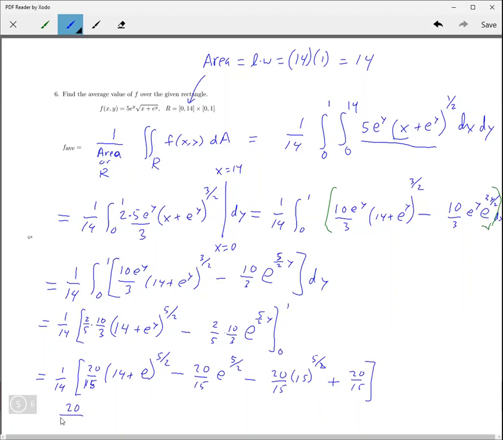Well, a 20 over 15 factors out of everything at least, right? Okay, this is weird. Okay, this reduces to 10. That's a 7. Let's see, what's 7 times 15?